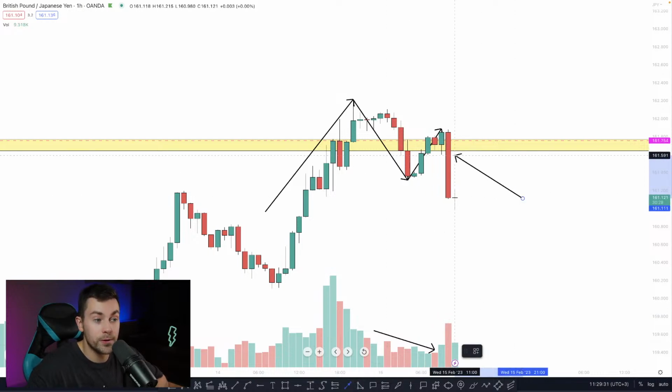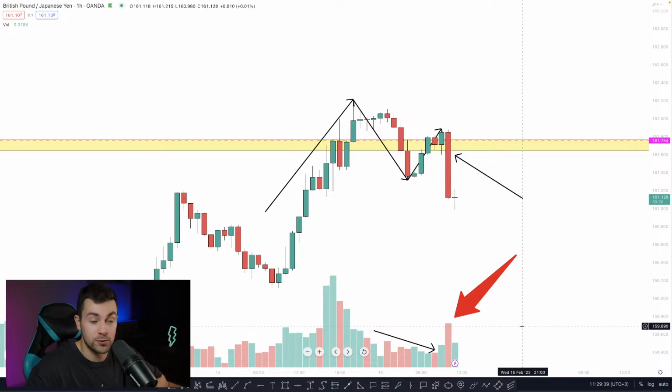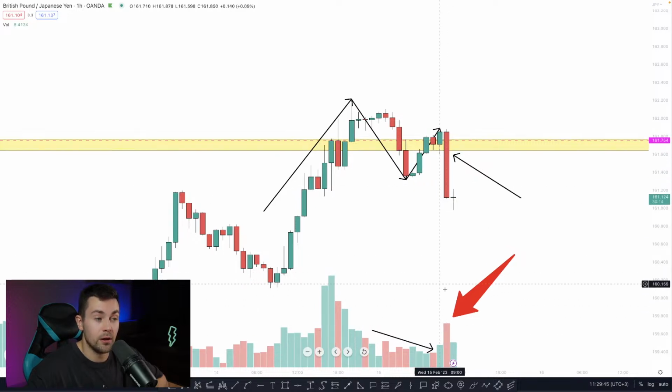Instead, over here, we formed this high momentum bearish candle. And moreover, with this high momentum bearish candle, we see a huge volume spike. Why is it important? Because this high momentum bearish candle with this volume spike signifies that bears are dominating the market.